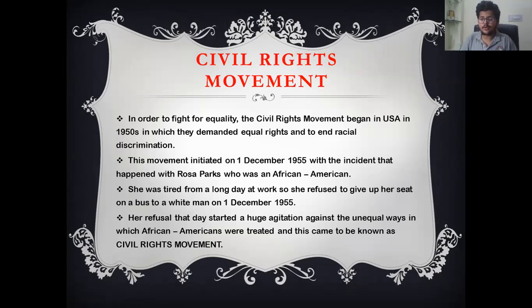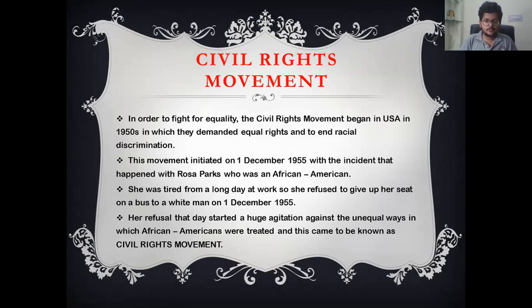So in order to fight for the civil and political rights of the African Americans, the civil rights movement began in the United States of America in the 1950s. The African Americans demanded equal rights, and they demanded to end the discrimination on the basis of race, on the basis of skin color.